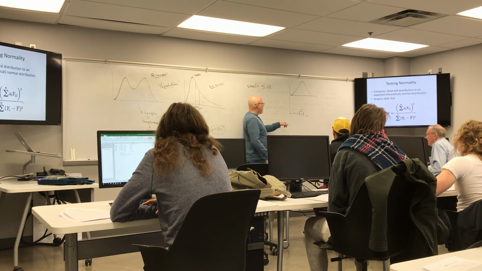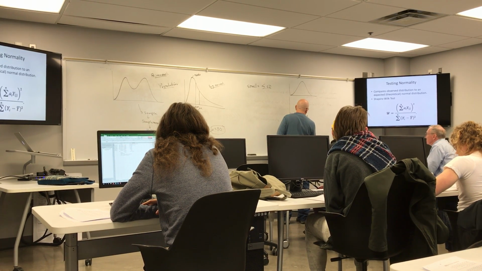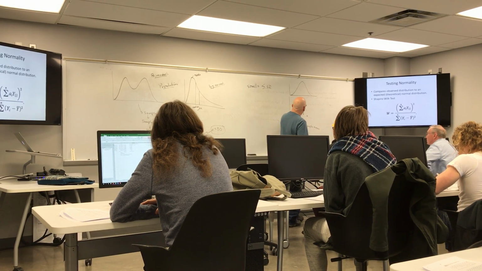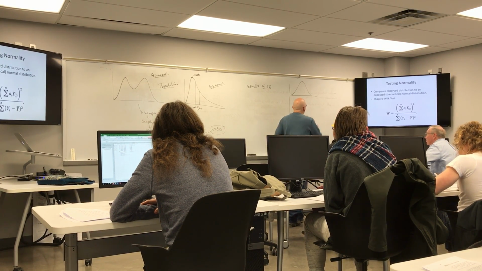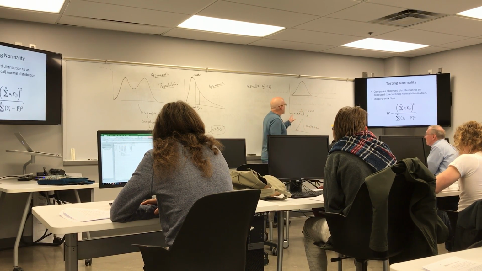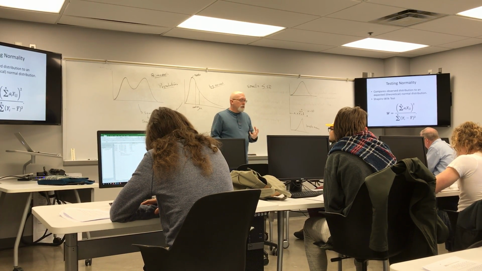And then, if that sample is normal, then certainly the distribution of sample means will be normal. So we have 1, 2, 3, 4, 5, 6, 7, 8, 9, 10. Here we have a sample size of 10.